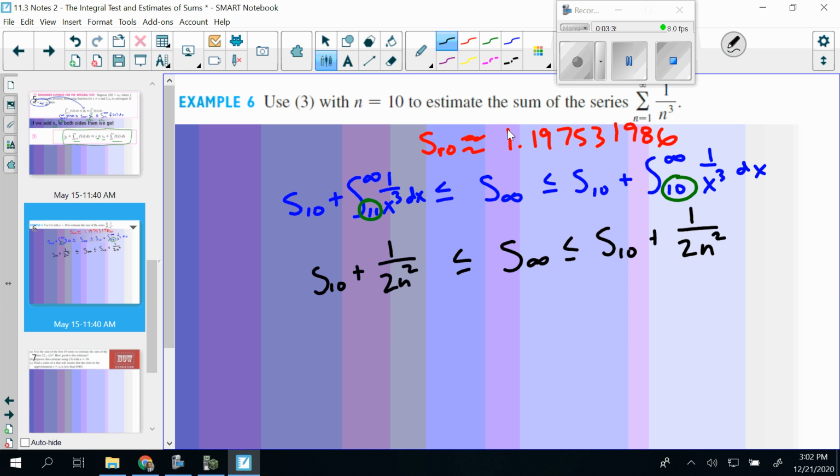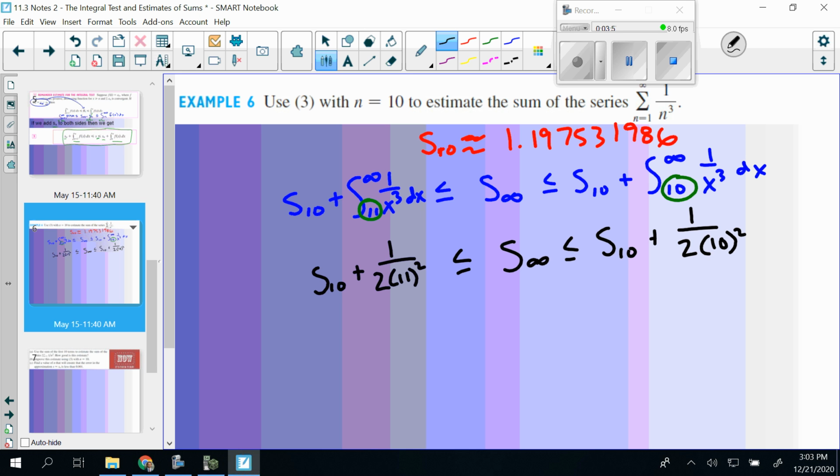So this is going to be 2 times 11 squared, and over here, 2 times 10 squared.